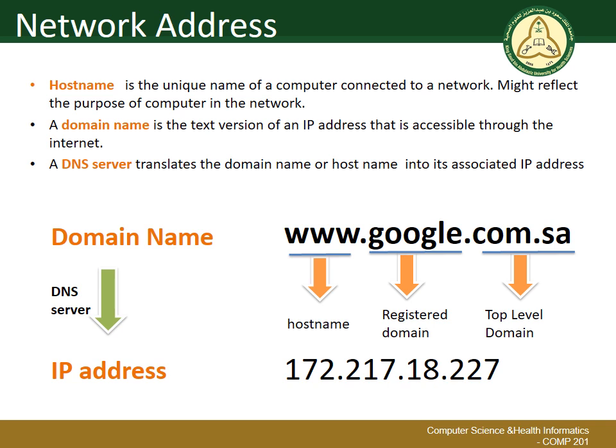The domain name and the IP address, okay, are the same. One of them is numeric and the other one is text. The domain name is basically the text version of the IP address.